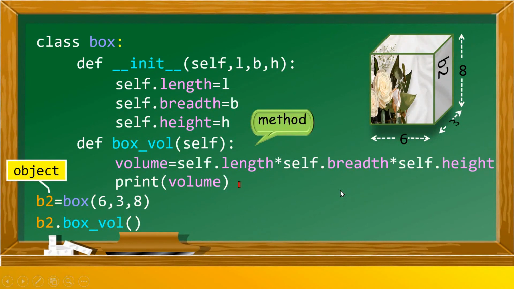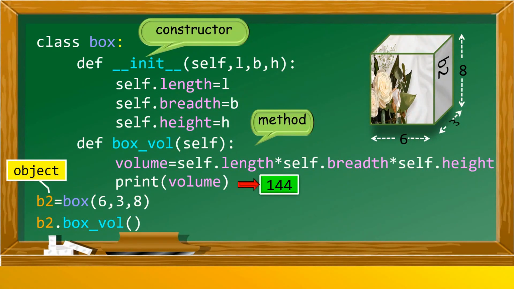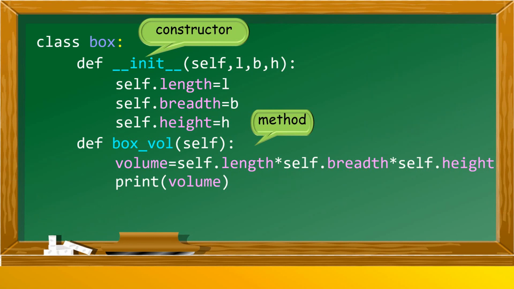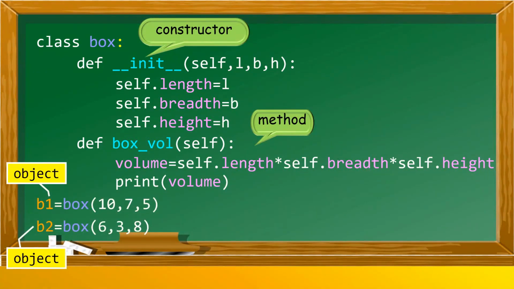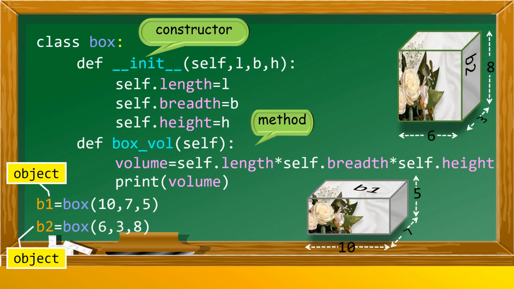Print volume will give the output as 144. So, by using a constructor, I am now able to create different objects, and each object has its own values for length, breadth and height.